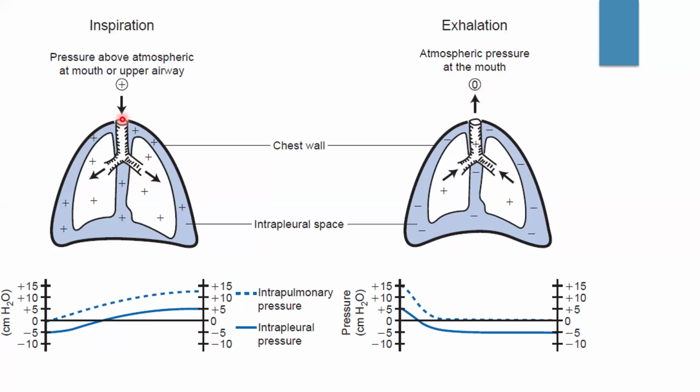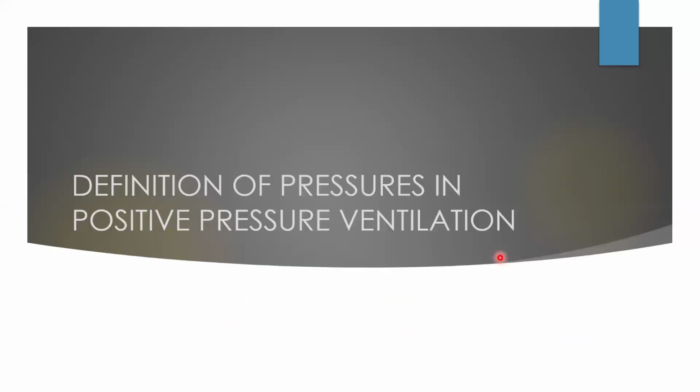Here we applied a positive pressure; we simply release it, and the pressure becomes 0. So the intraalveolar pressure which was positive drops, and there will be flow of air outwards, so exhalation is happening. So these are the pressure changes that happen during spontaneous and mechanical ventilation.